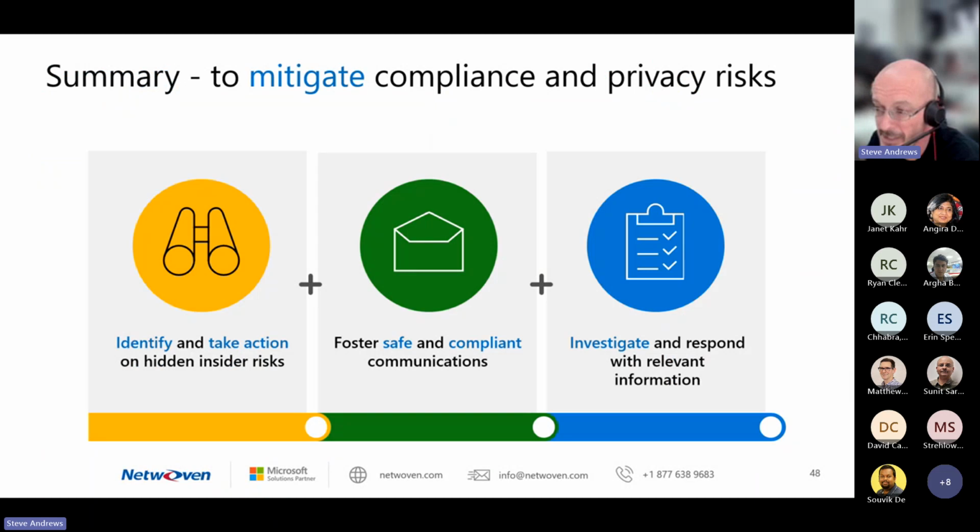All right, to summarize then, to be able to mitigate compliance and privacy risks effectively, you've got to identify the problem areas and then take action on these hidden insider risks that you found. And taking action is the key word here, to actually deal with it. But both foster safe and compliant communications, meaning you're letting people know that something is going on.